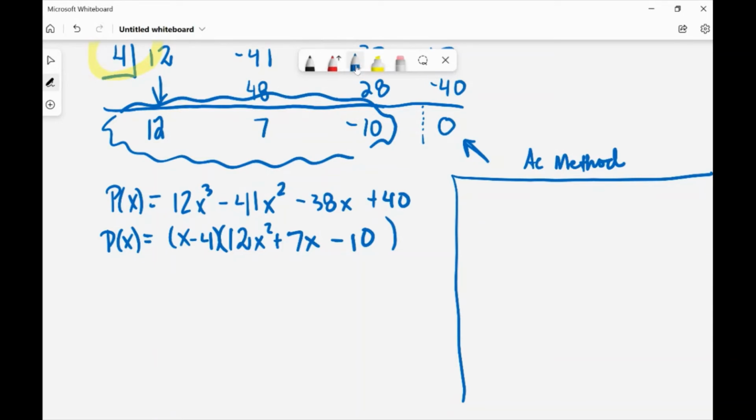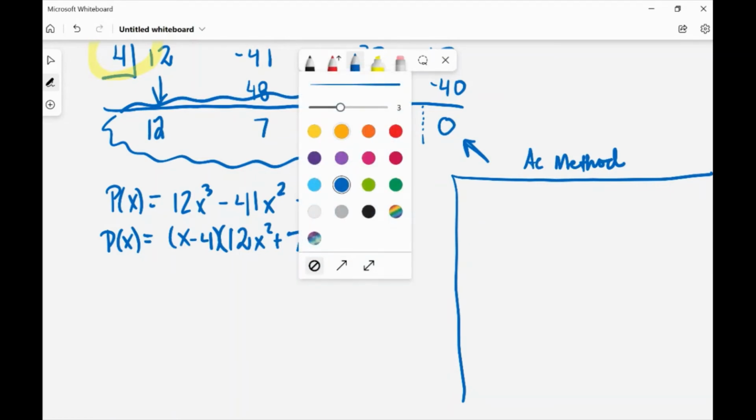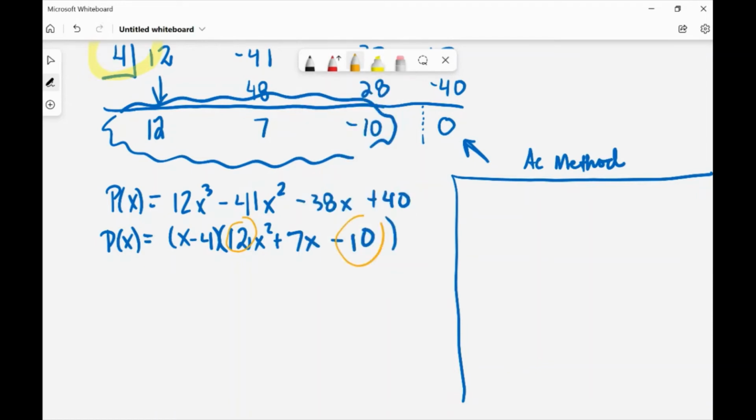All right, what's the first step in the AC method? What would you do first? 12 times negative 10. 12 times negative 10 is negative 120.